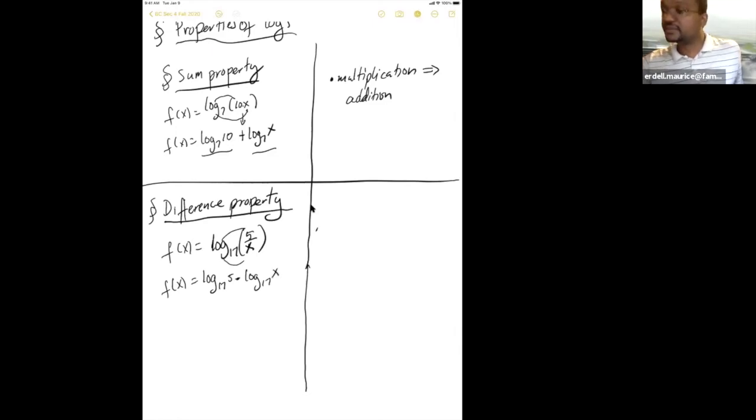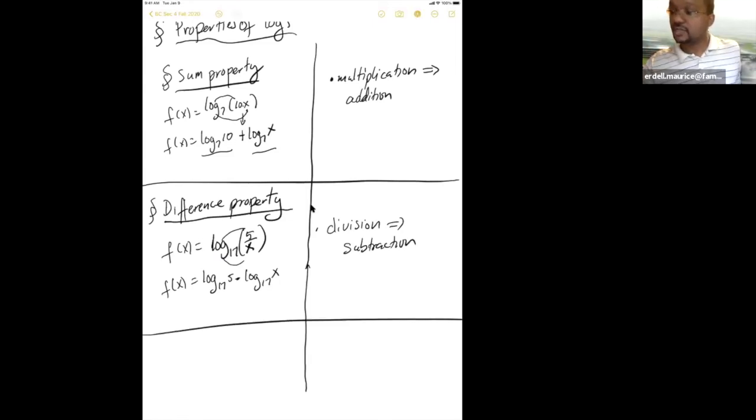And so what happens is division becomes subtraction when you're simplifying that logarithm. And then I can take the derivative of each of these pieces very simply after I have simplified the log. Questions there? The third property of logarithms is the power property.